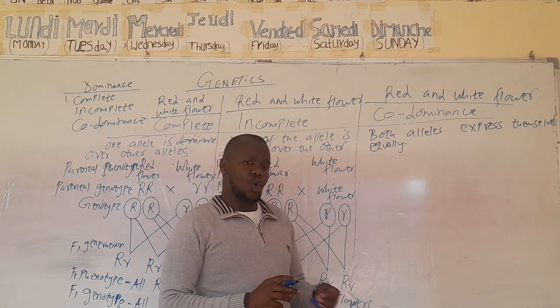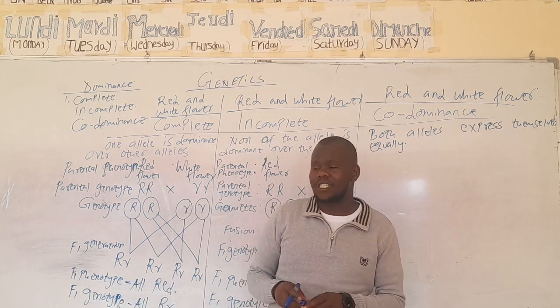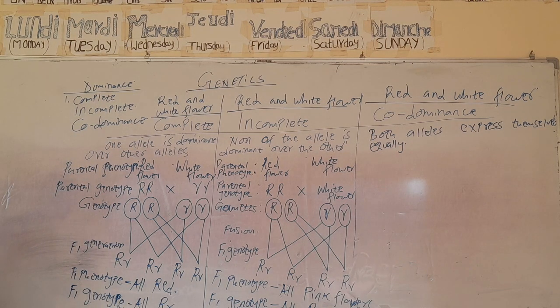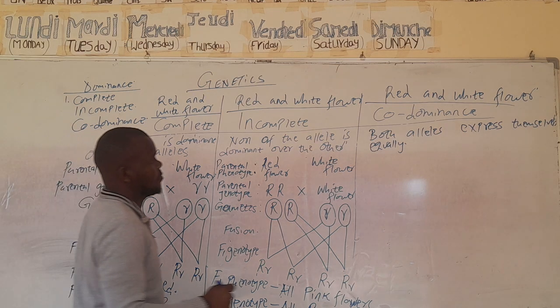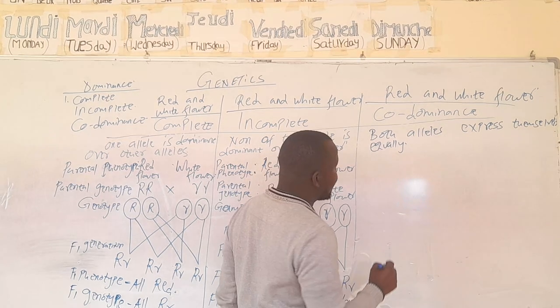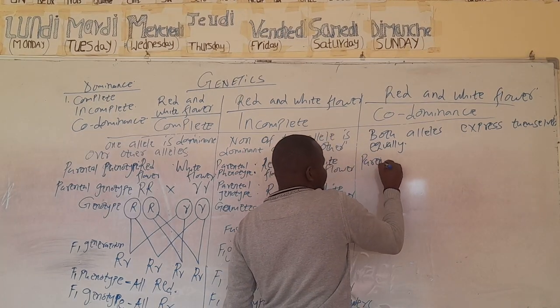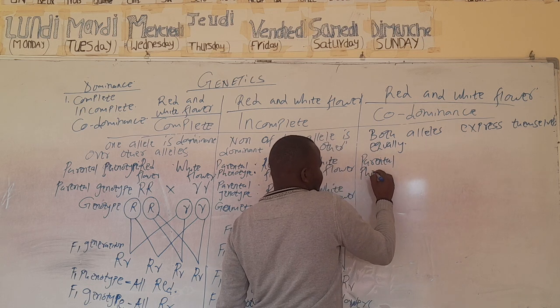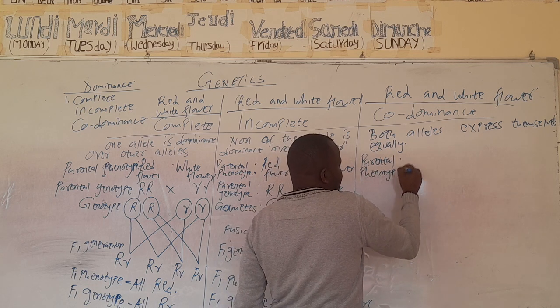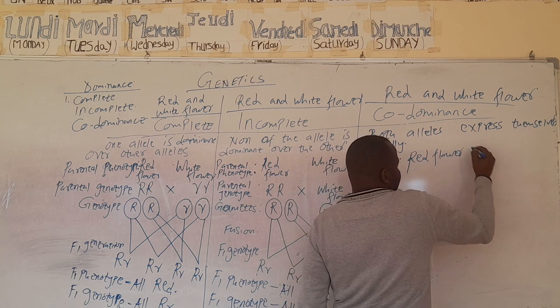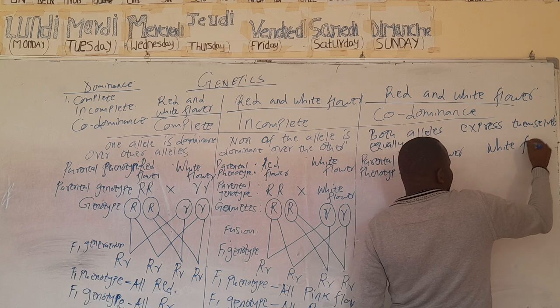Let's go to codominance. Both of the alleles are expressed, so we get red and white, and our F1 offspring are red and white. We do the parental phenotype: a red flower and a white flower.